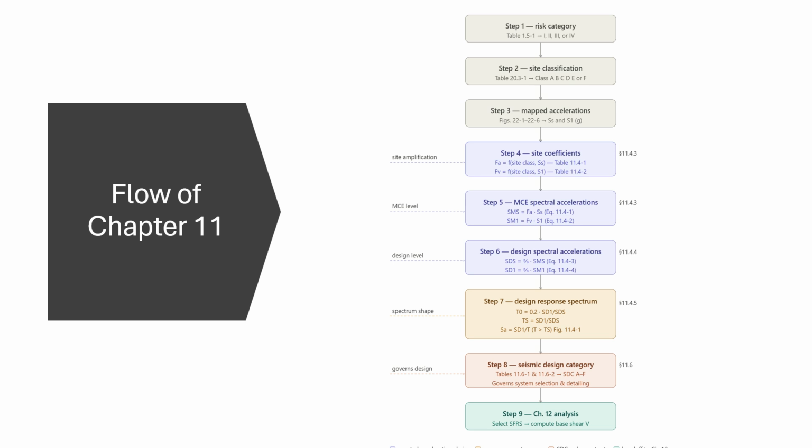Then you use all that to determine your seismic design category, A through F, with restrictions being placed as you get further into the category, with F being the most severe, quote unquote. So then step 9 is your analysis of equivalent lateral force.